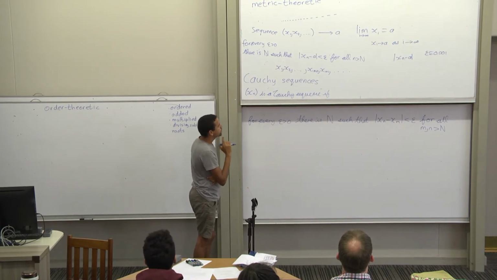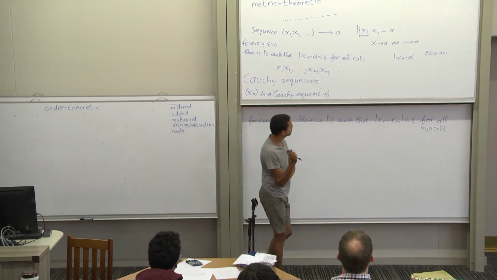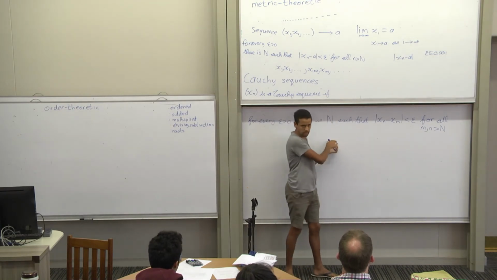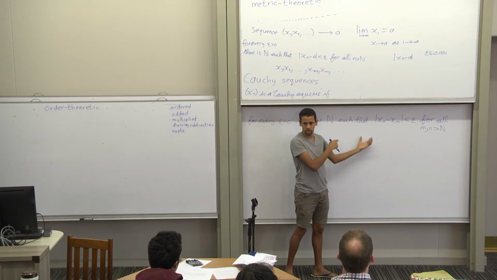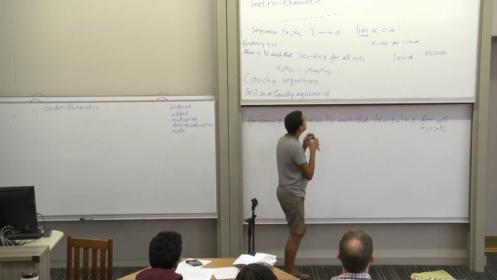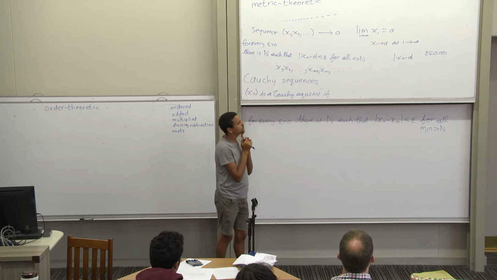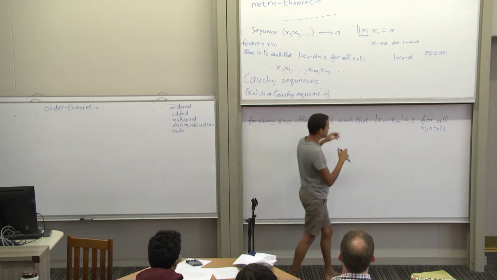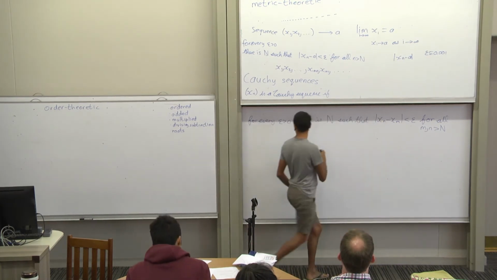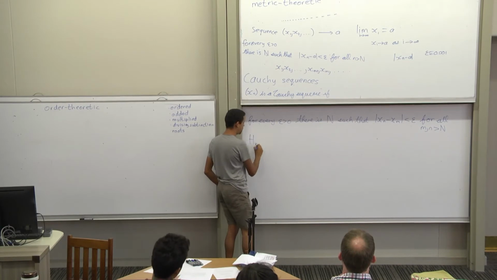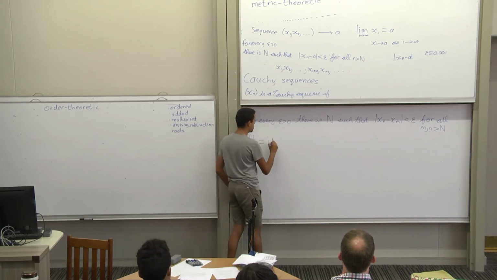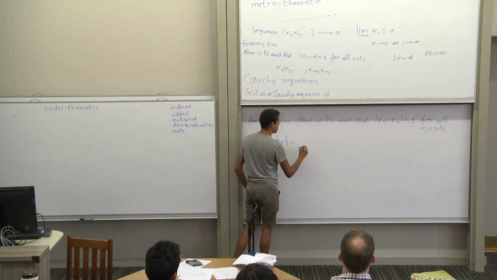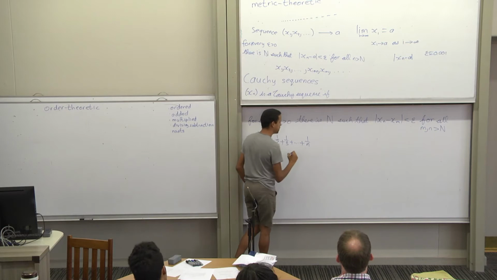Okay. Now, we had a question in front. Why can't we just say that xn should be close to xn plus 1, so that consecutive values of the sequence should be close to each other? Well, have you guys heard of the harmonic series? If you write it down, the nth term in the harmonic series is 1 plus a half plus a third up until plus 1 over n.